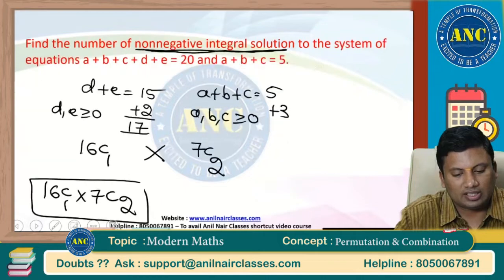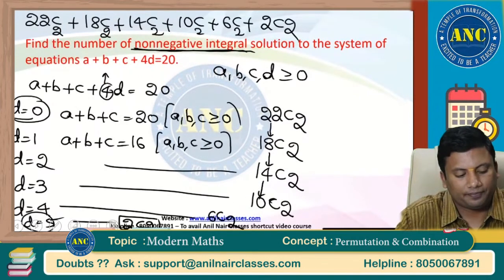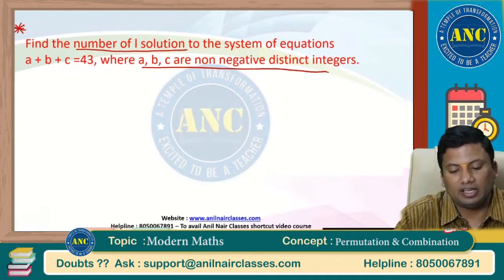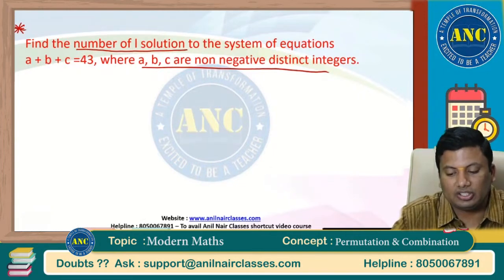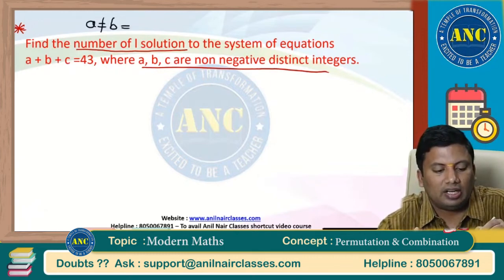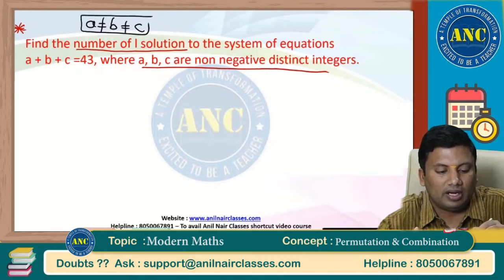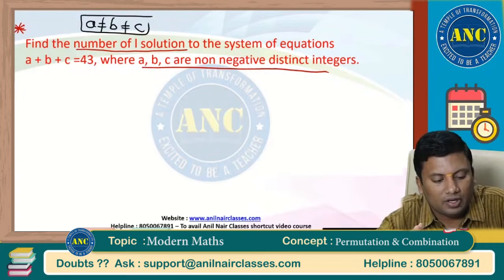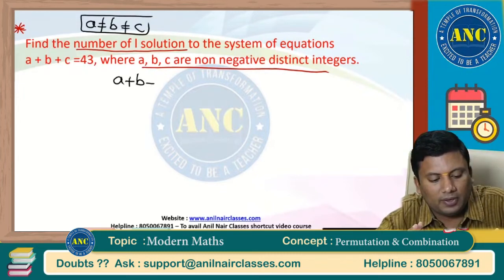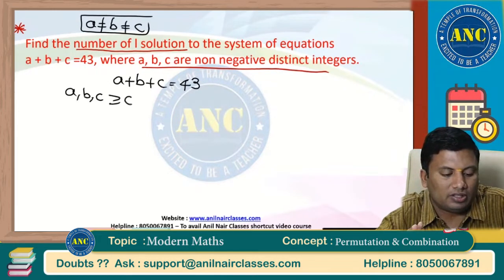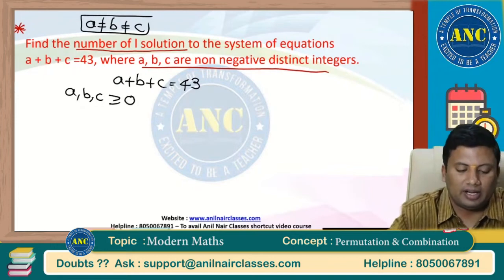Now let us discuss some more good variety. What is the question? Find the number of integral solutions where a, b, c are non-negative distinct integers. Distinct integers means a is not equivalent to b is not equivalent to c. See here, a plus b plus c is 43. First of all, a, b, c are non-negative, meaning a, b, c are greater than or equivalent to 0.